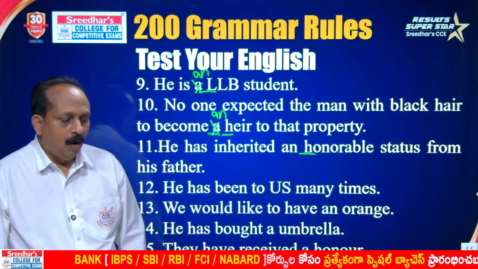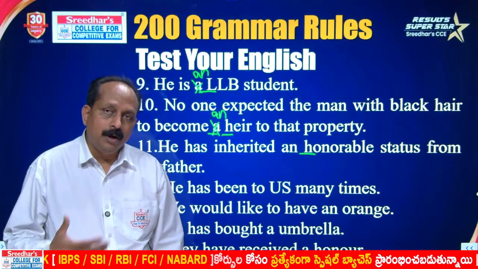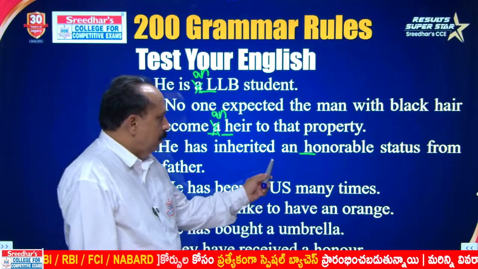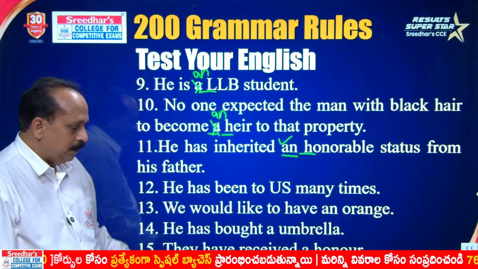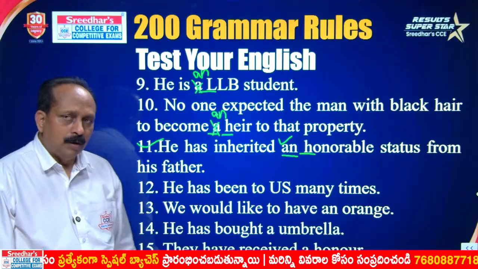People say a honorable, which is not correct. H is silent, then we have to say an honorable. Number 11 is correct. Very good. Nothing wrong, an honorable.